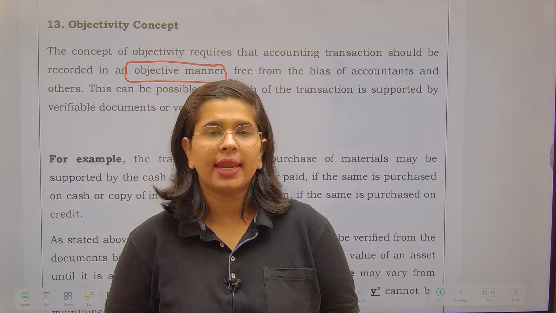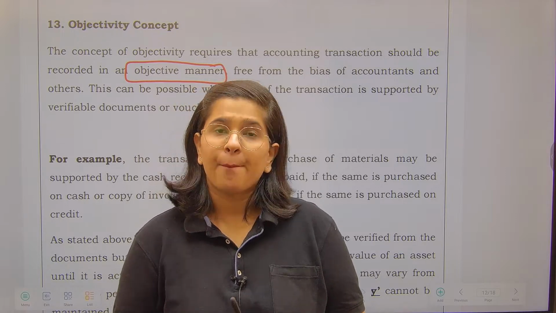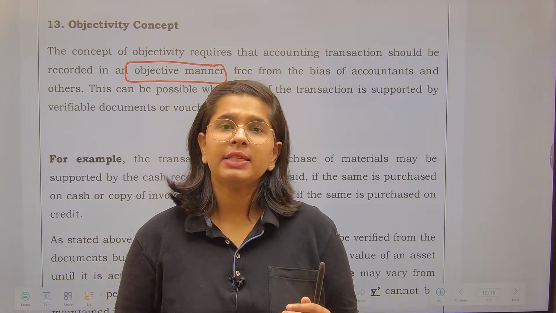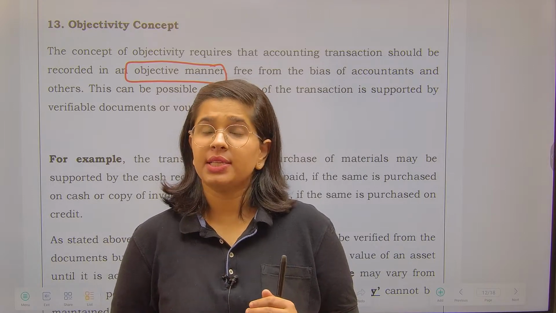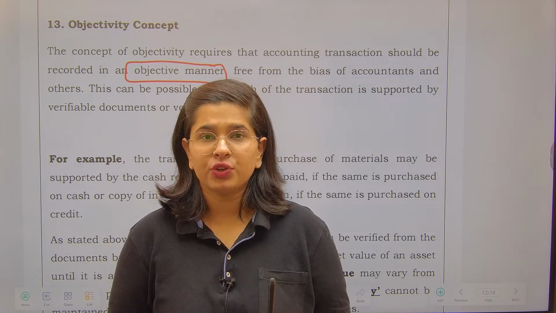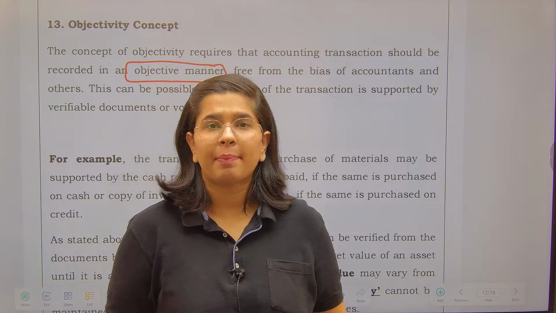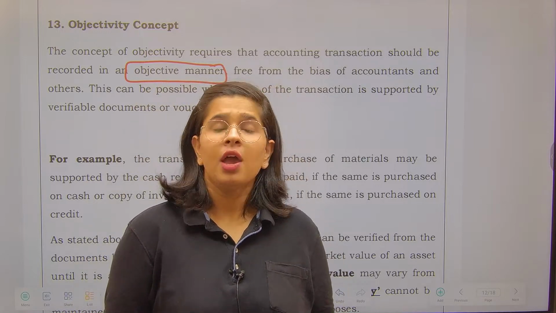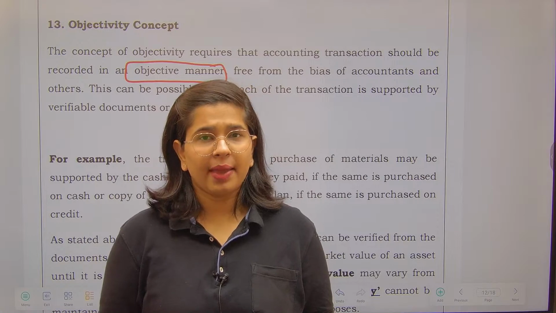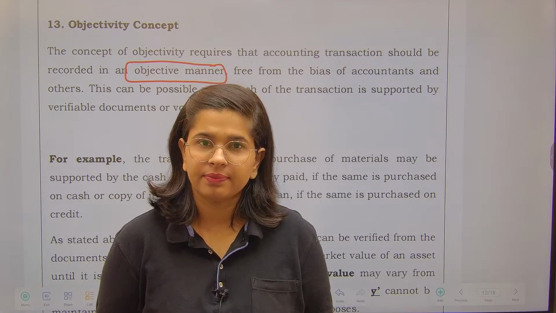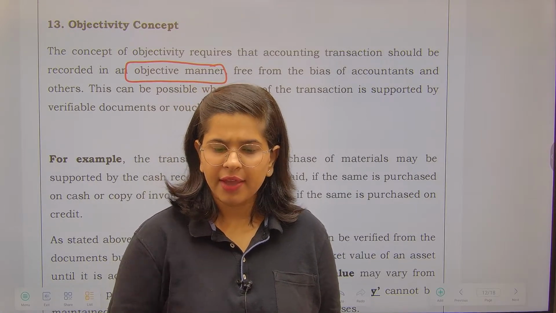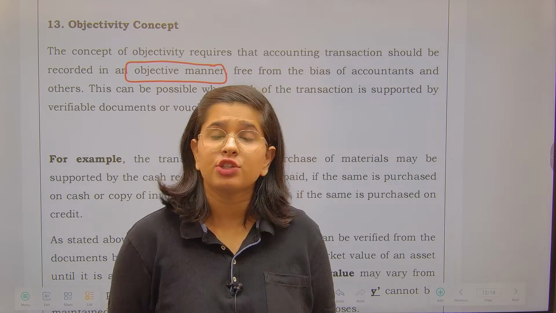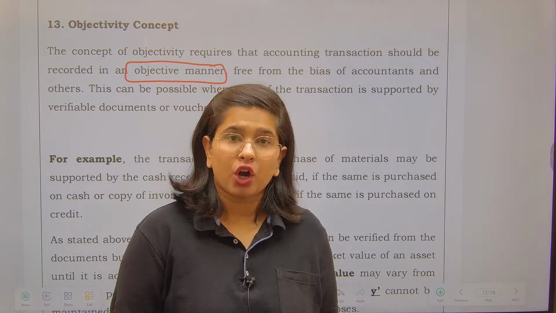Obviously, I'm going to record an entry into my books of accounts, but this entry will be supported by the purchase bill. हर एंट्री, हर ट्रांजैक्शन जो आप अपने बिजनेस में पास कर रहे हैं उसके साथ में वेरीफाइबल डॉक्यूमेंट्स होने चाहिए, राइट? Every entry that you are passing in your business should have a verifiable document.